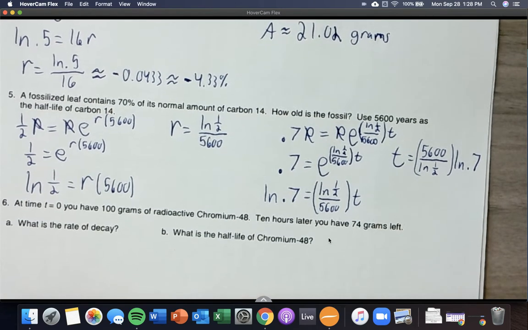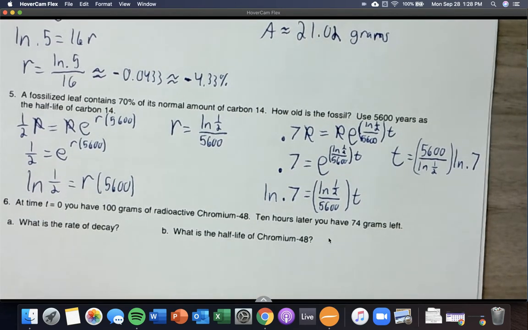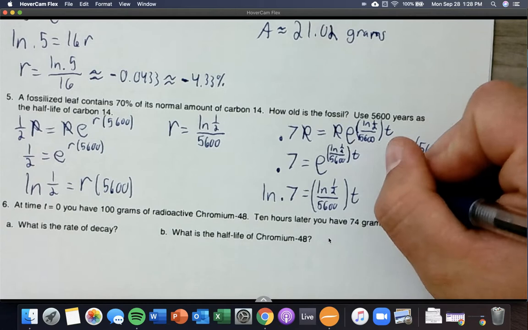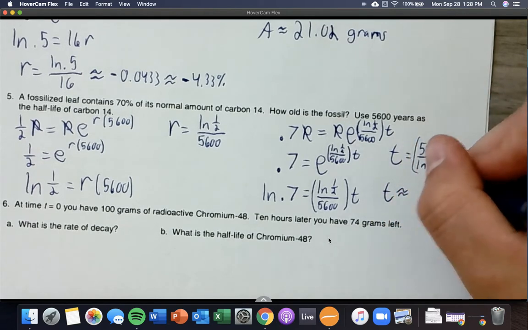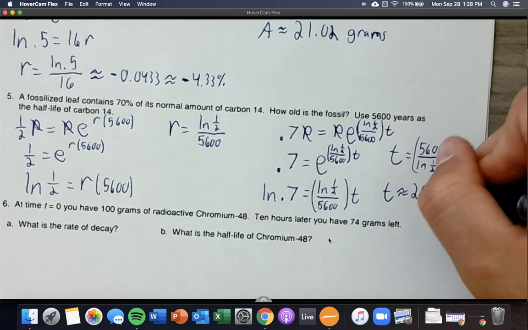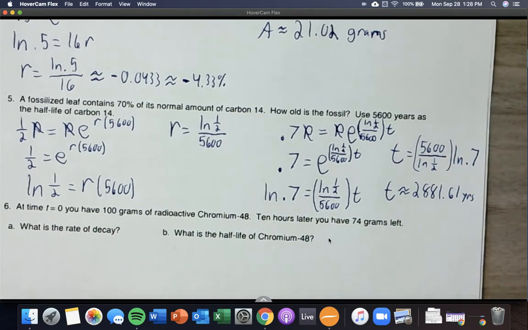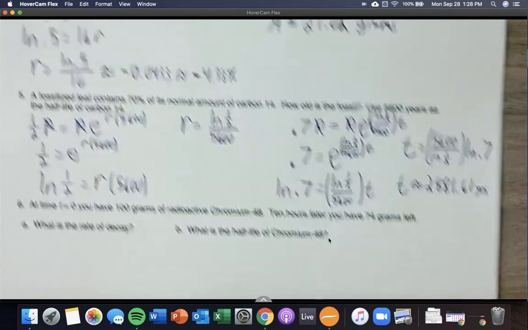Not too bad to solve. We just do 5,600 divided by the natural log of 1/2 times the natural log of 0.7, and you end up getting that t is just about 2,881.61 years.